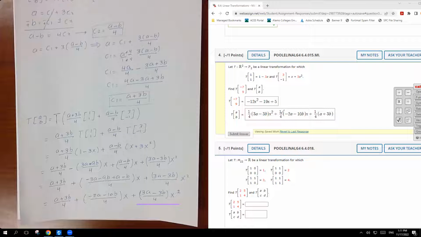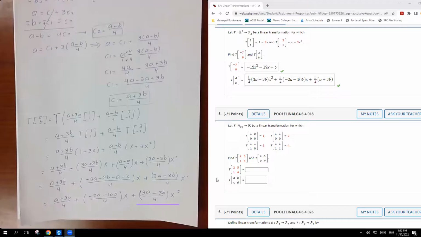Then the term with the x, 1 over 4, negative 2a minus 10b, x, and the number by itself, which is the constant, is going to be 1 over 4 times a plus 3b. Let's check. We got it right. Let's move to example 5.